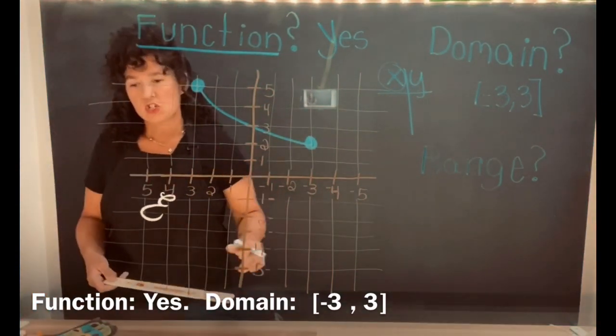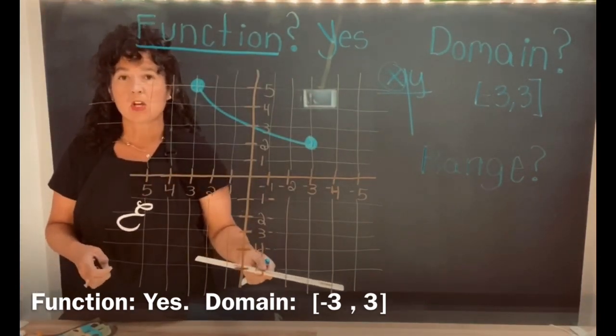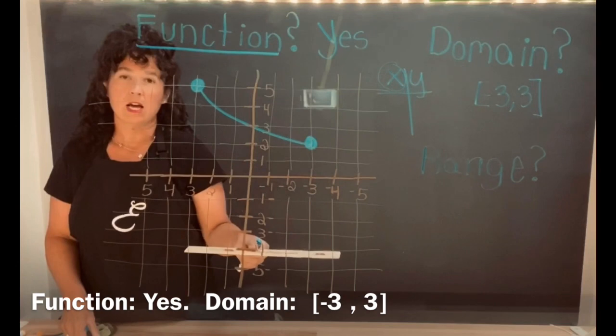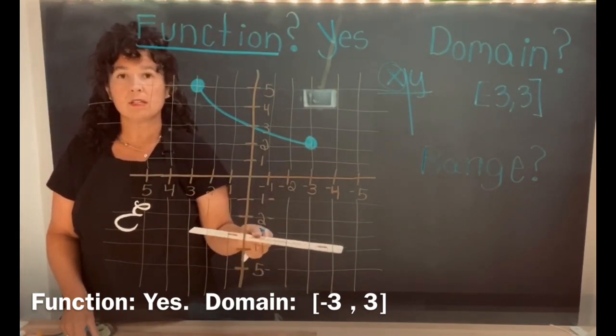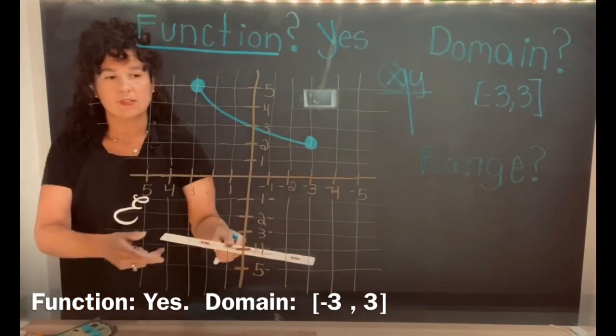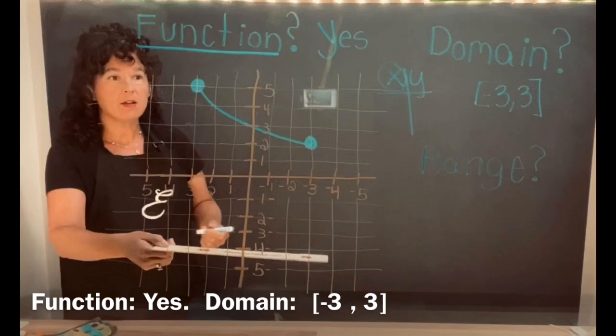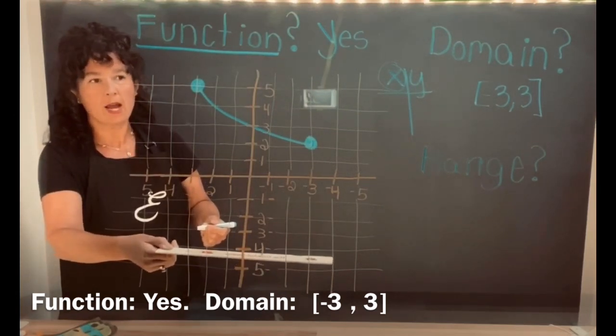As for range, instead of moving a vertical line from left to right, you want to move a horizontal line from bottom to top. We're going bottom to top because we want to list with interval notation from the least to the greatest. But we're going to do the same thing. The only difference is our numbers are going to come off of the y-axis.